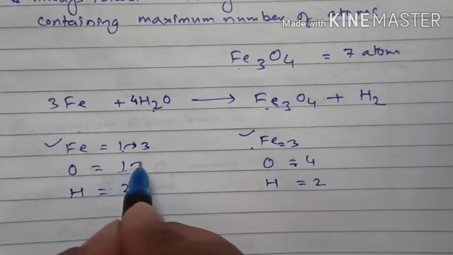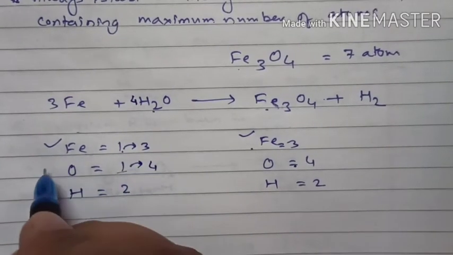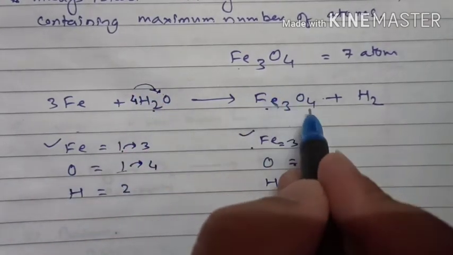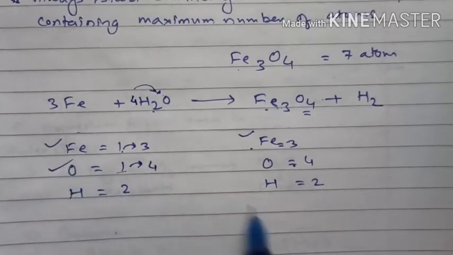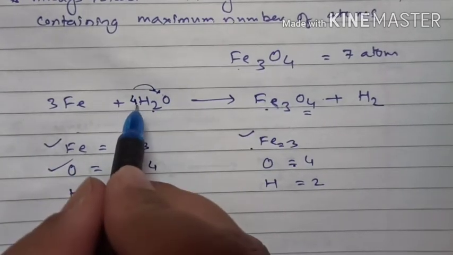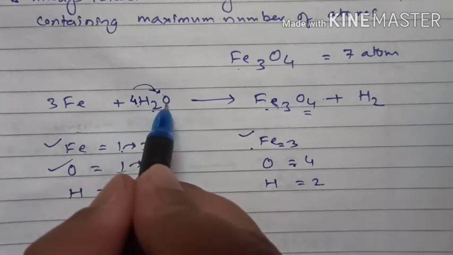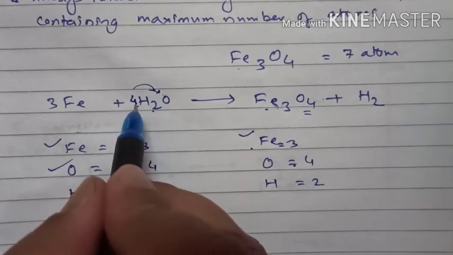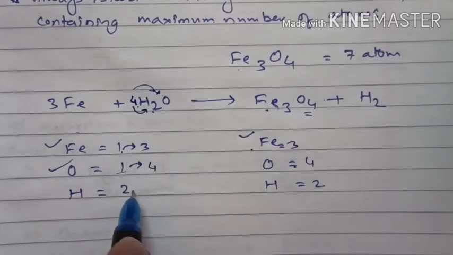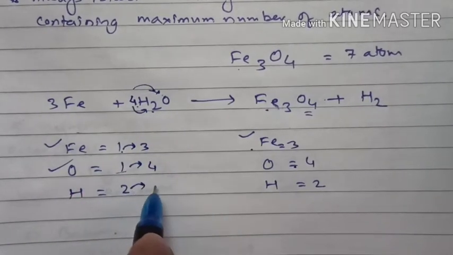So 4 oxygen, this is balanced. Now the turn for hydrogen. When we added 4 over here, the count of hydrogen became 8 here.